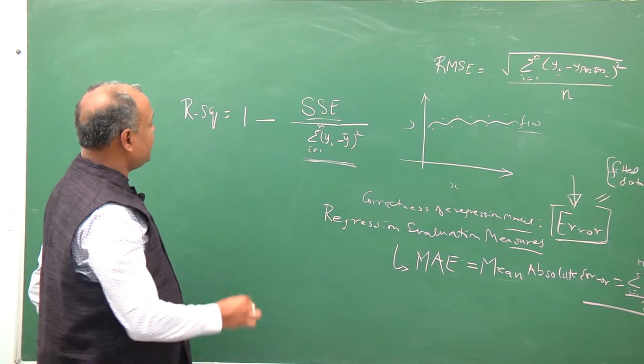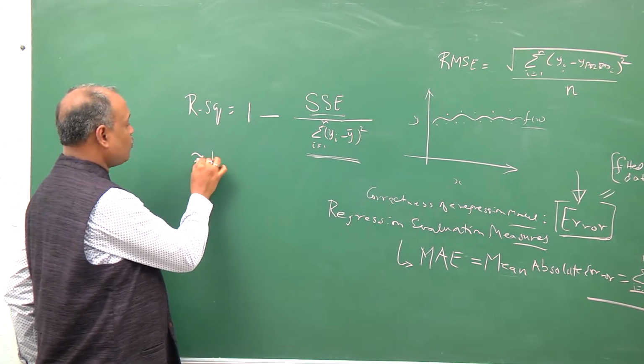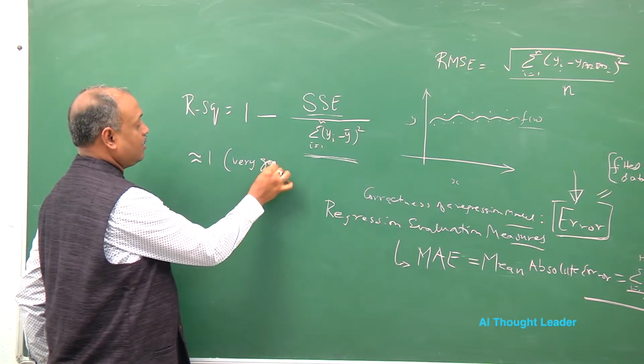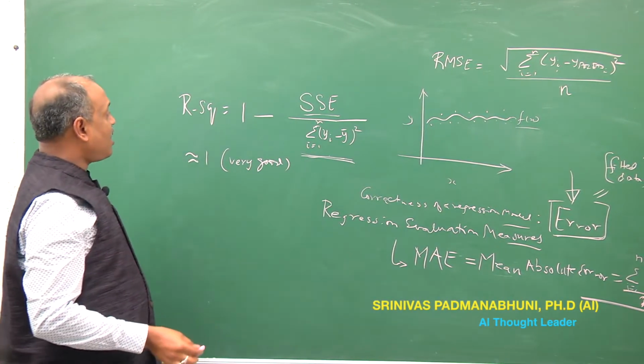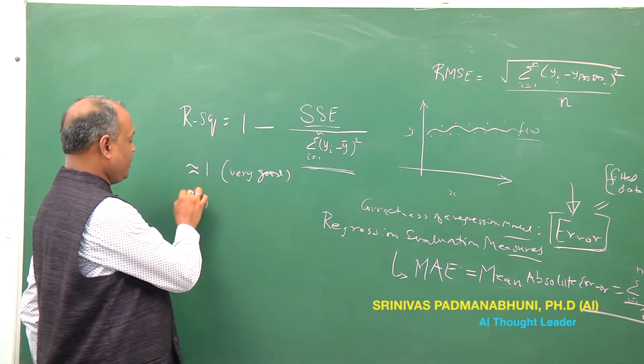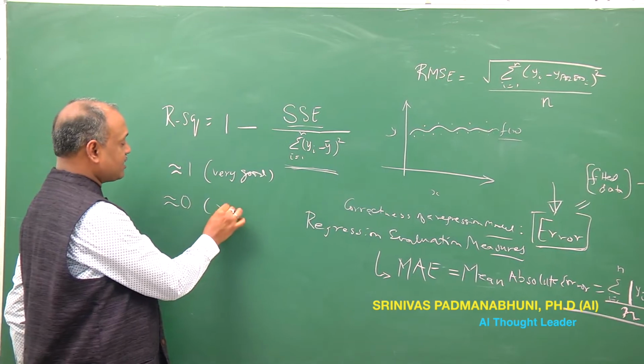If R square is 1 or close to 1, that means a very good regressor. If R square is close to 0, that means it is as good as the mean.